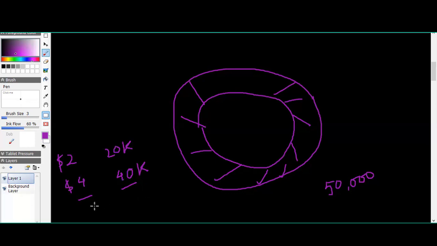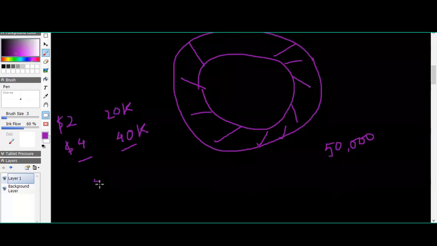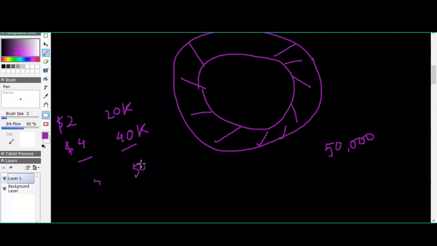And finally, if 50,000 people come to watch, that means full house. Every seat in the stadium is occupied. So if they charge $5 or even more, 50,000 people are watching.